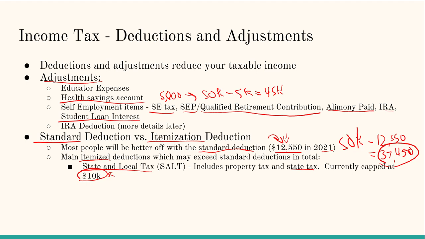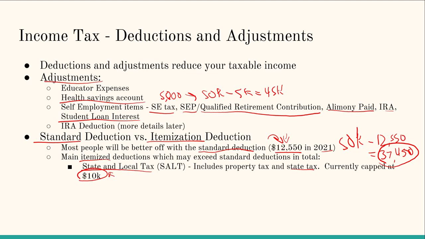I believe it's more than double if you're married, which is the reason why it is advantageous to file married filing jointly if you are a single earner couple, because for the same amount of income, you're going to get twice the standard deduction. So you'll have less of a tax liability.